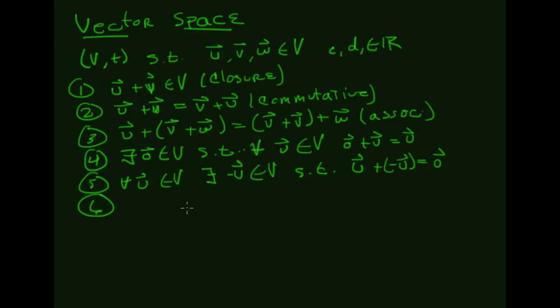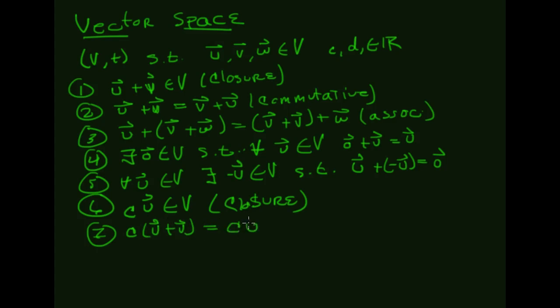Number 6, I'm closed under scalar multiplication. So if I take a scalar times u, I'm still in the vector space. So that's another closure property. Number 7, I get distribution scalar to vector.